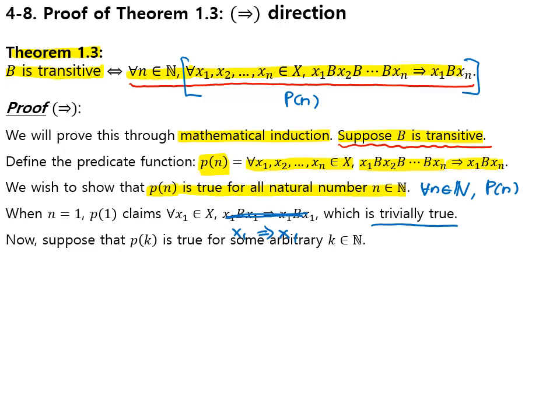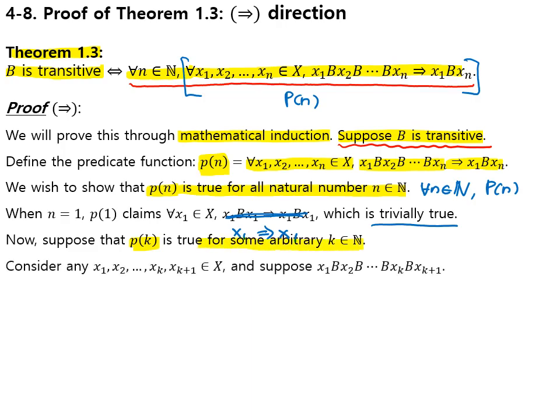Now, suppose that Pk is true for some arbitrary natural number k, right? Now, consider, let's pick any k plus 1 elements, x1, x2, up to xk plus 1, okay?